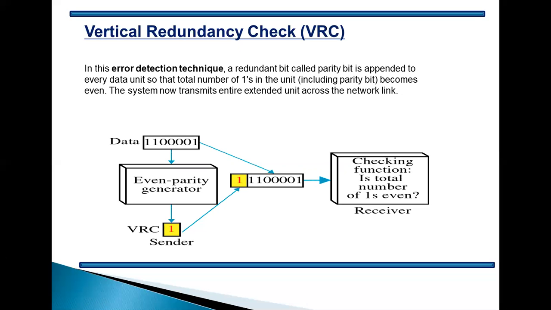In this technique, a redundant bit, also known as a parity bit, if the number of ones is odd, then parity bit 1 is appended, and if the number of ones is even, then parity bit 0 is appended at the end of the data unit.